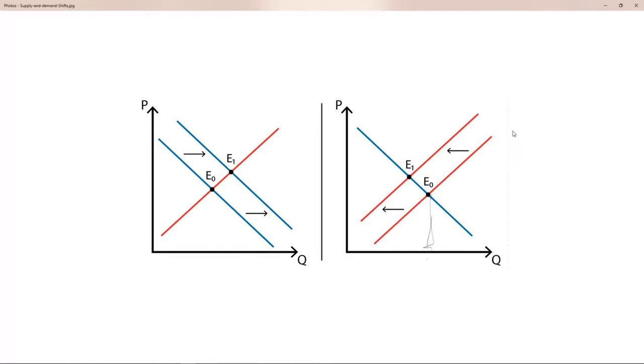There's the original equilibrium quantity, and here's our new quantity. We see the movement to the left. And we can look at the movement of the equilibrium and determine that it is a decrease in supply, because we see a decrease in quantity. Here we see an increase in quantity based on demand. Here's a decrease based on supply.